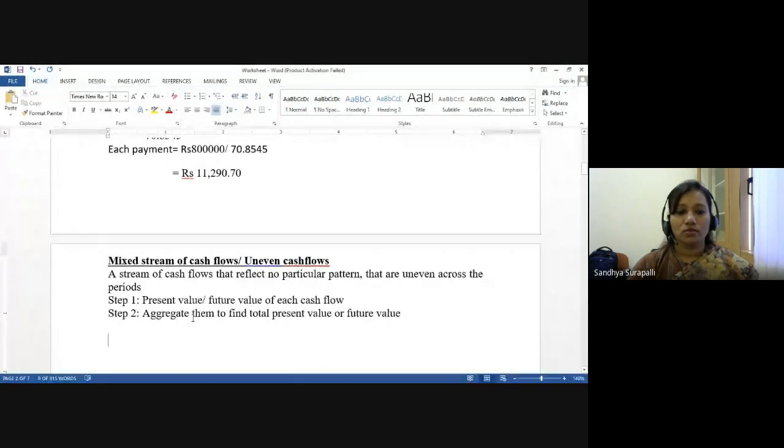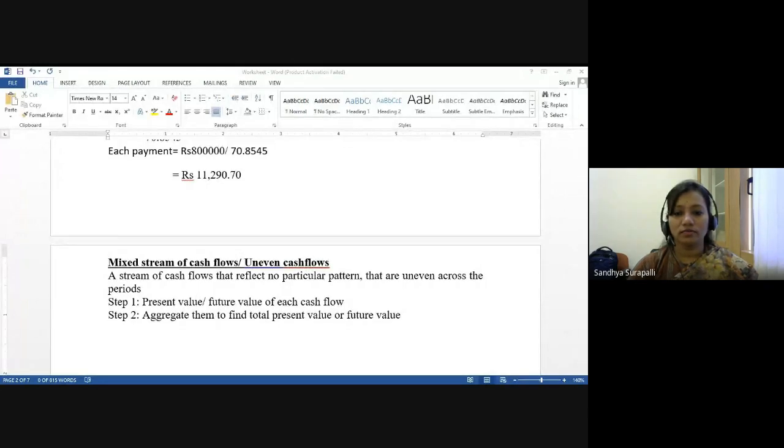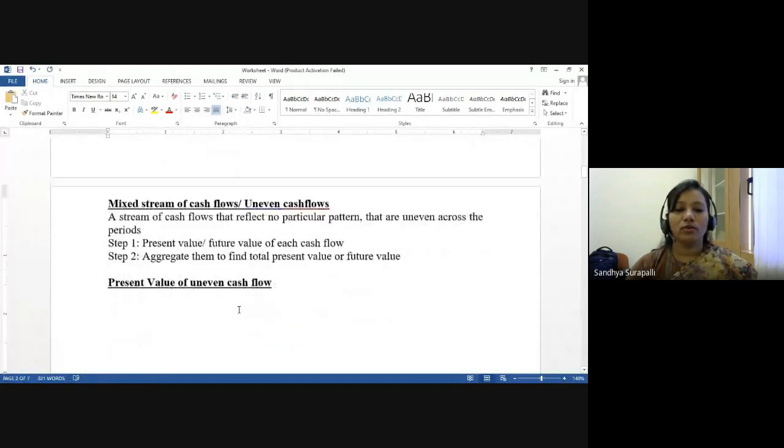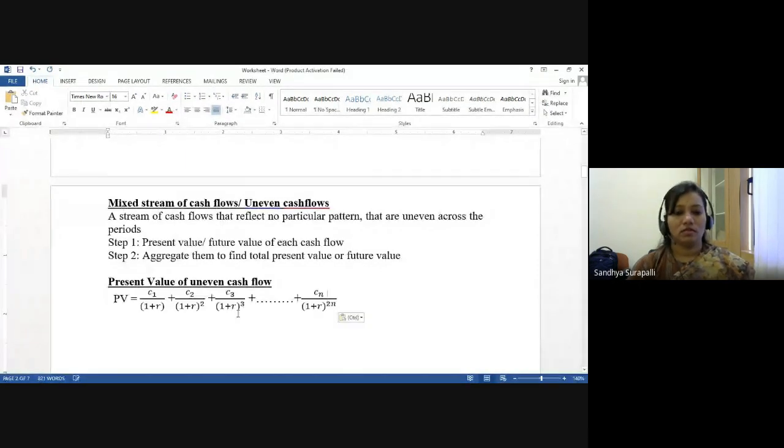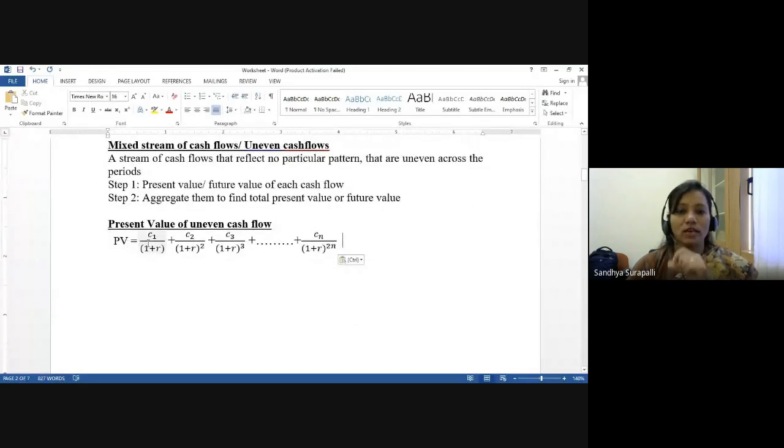Okay, so we'll see how to calculate. First we'll do present value. In present value, I told you it is division with the factor. So look here, present value of cash flows will be equal to C1, which means what you are going to pay or receive at the end of the first year, the cash flow after the first year.